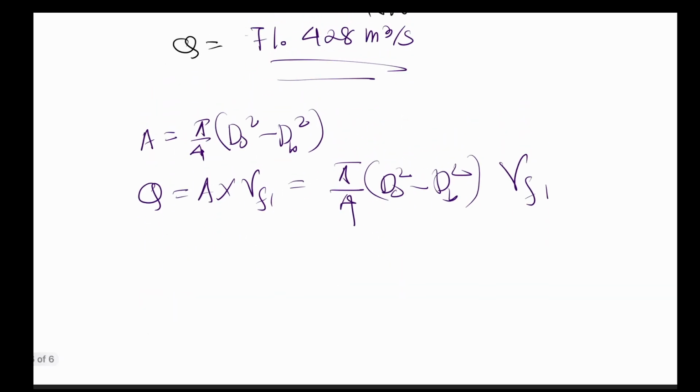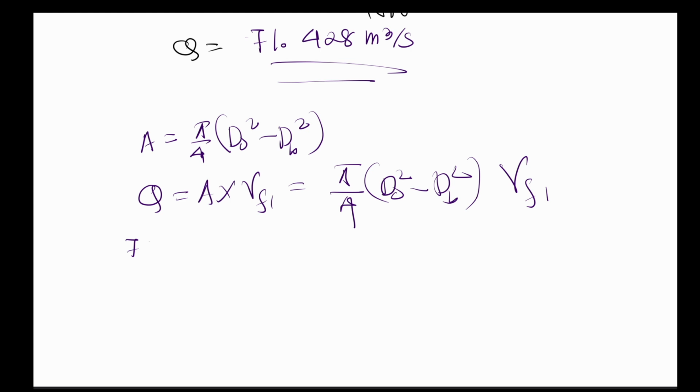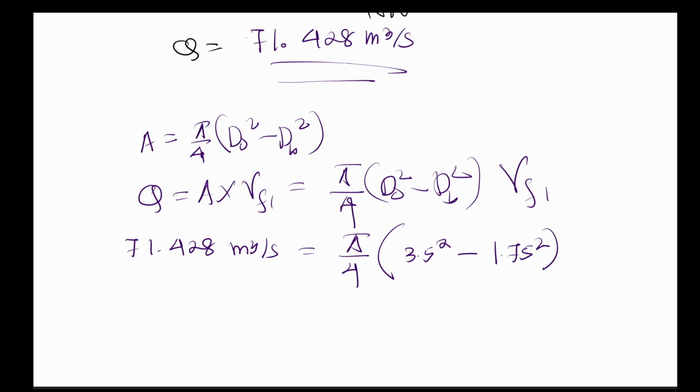If you substitute all the known values, that is discharge 71.428 meter cube per second, and we know pi by 4, and we also know the outside diameter, which is 3.5, it's given in the question, and even for this hub it's given in the question. So from there we will be determining Vf1. If we solve this, we will be getting Vf1 as 9.9 meter per second.